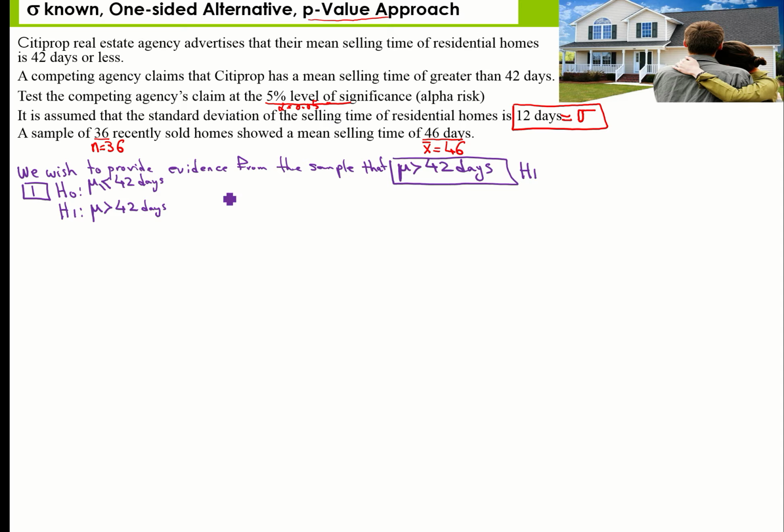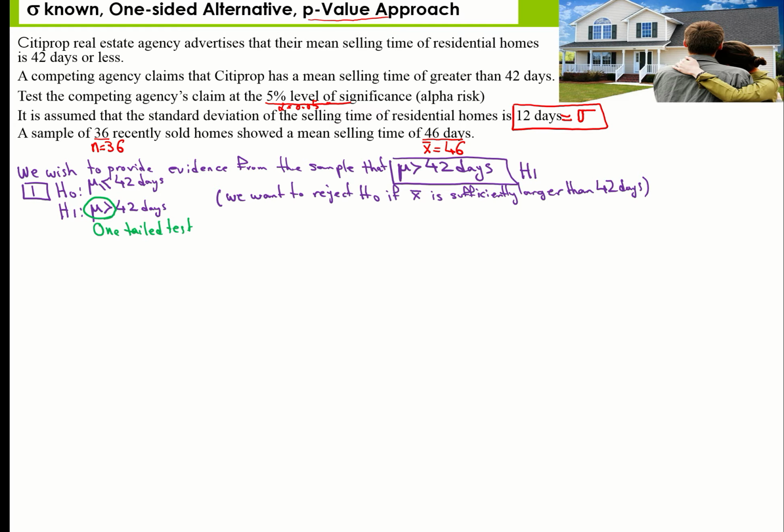Actually, in this question, we want to reject H0 if the sample mean is sufficiently larger than 42. So here in this question we have a one-tailed test. Have a look at this.